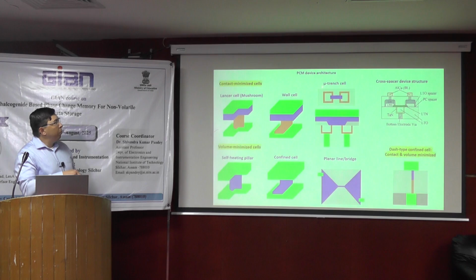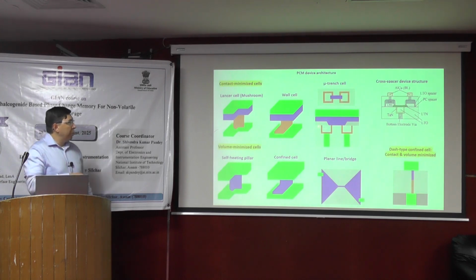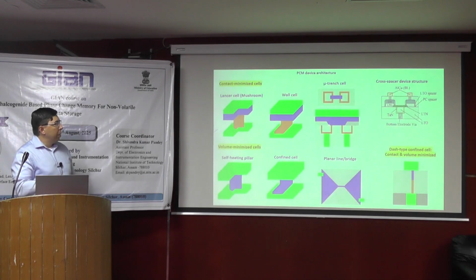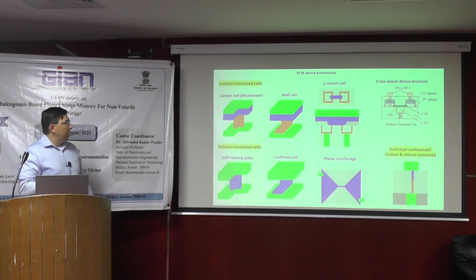Then there are also mid-range cells. Here you also minimize your heater contact by a special design of the contact. This is the top view. You see here this is the contact, and this is the side view or cross section. You can see that you minimize the contact to your PCM, the phase change material.